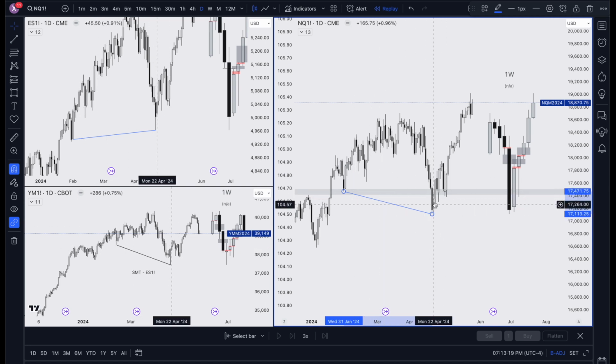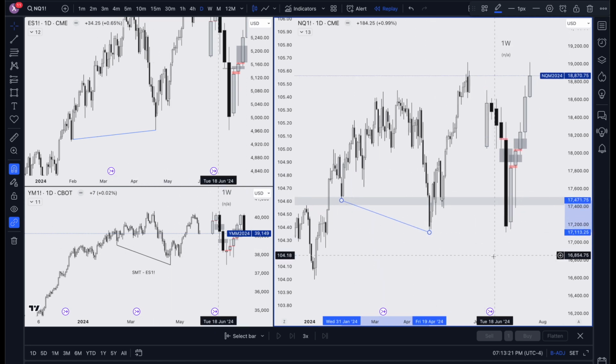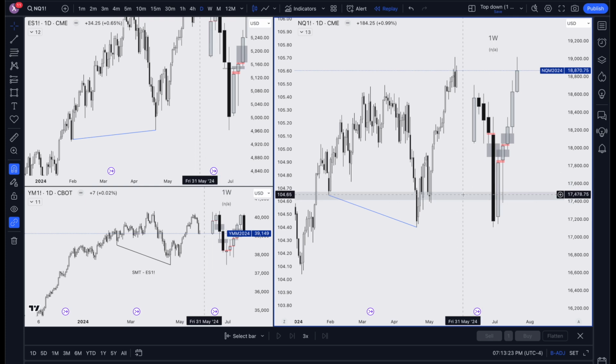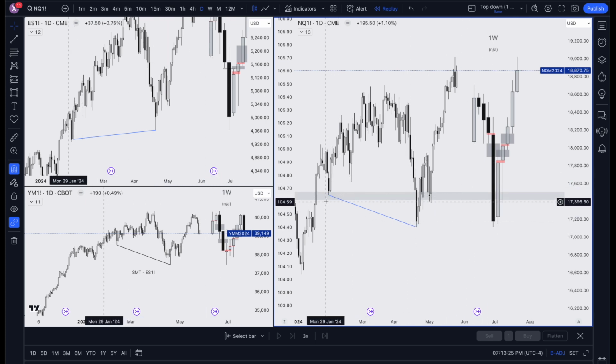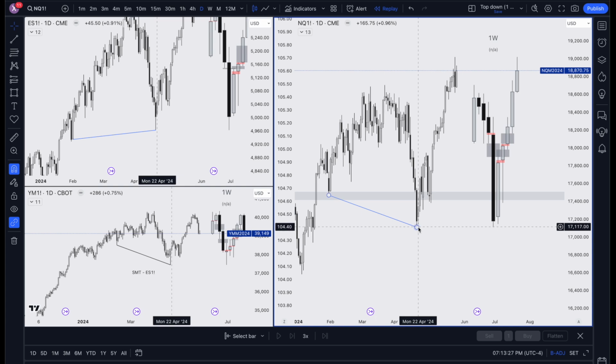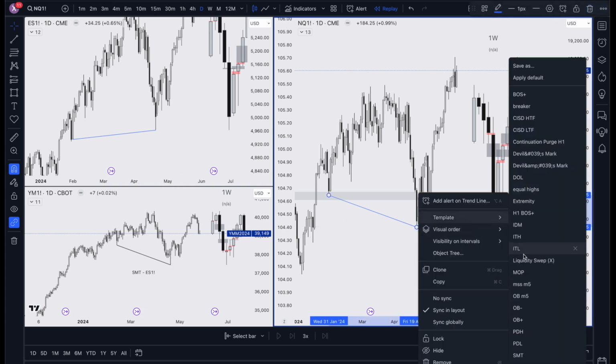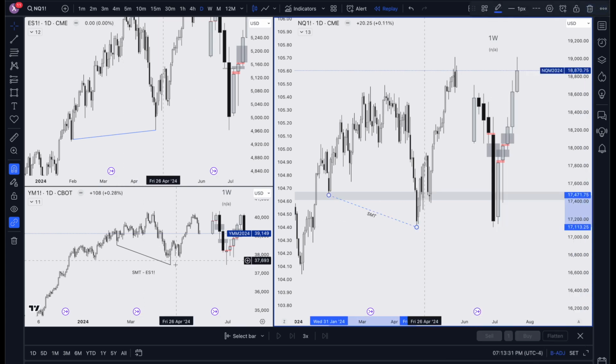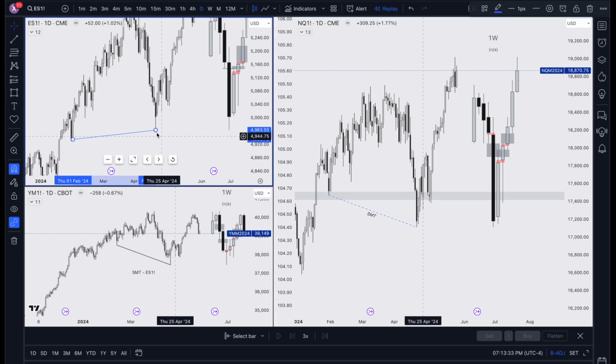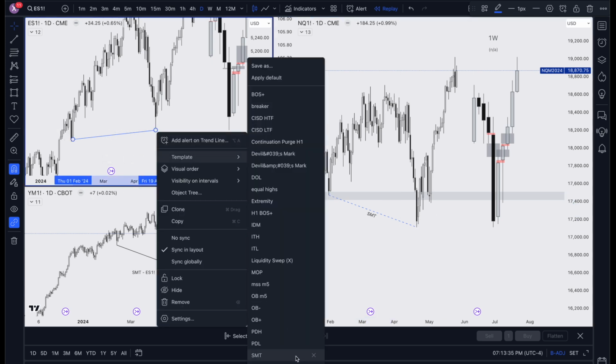So here we've immediately qualified that this monthly array has offered us a liquidity sweep with a divergence, signifying already that it could be worth investigating if there might be a reversal, potentially.